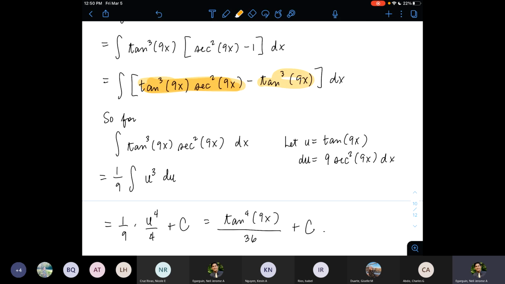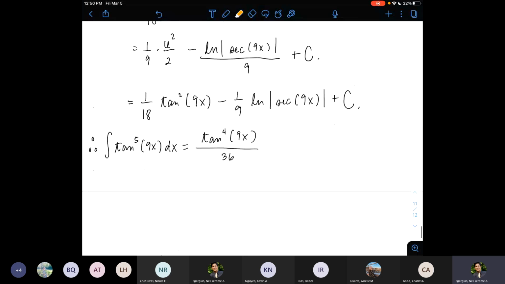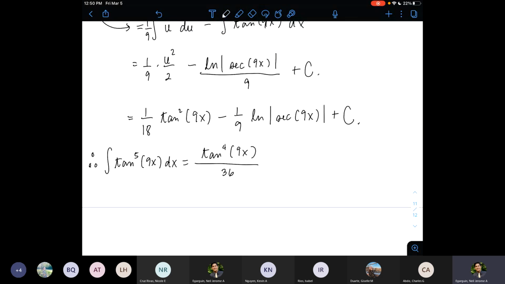That's a tangent to the fourth 9x over 36 minus the integral of tangent cubed. But the integral of tangent cubed is this, so we'll have 1 over 18 tangent squared 9x plus 1 over 9 ln of the absolute value of secant 9x plus the arbitrary constant c. Yeah, that's a long one.